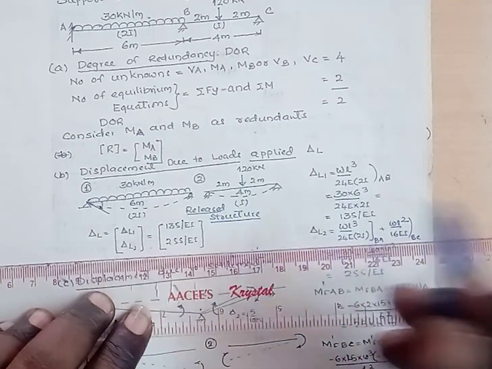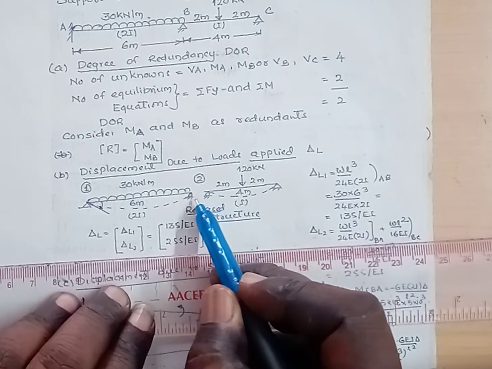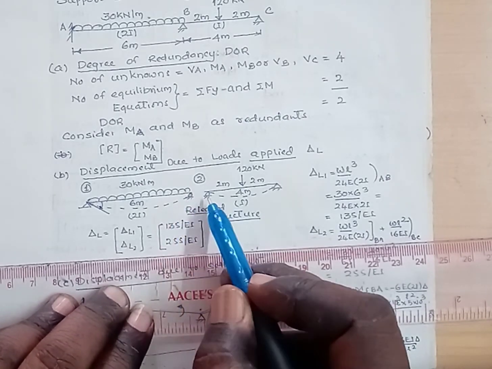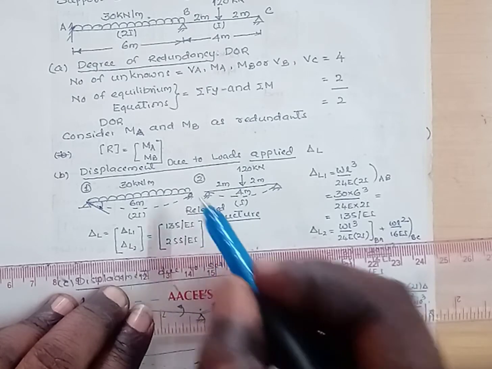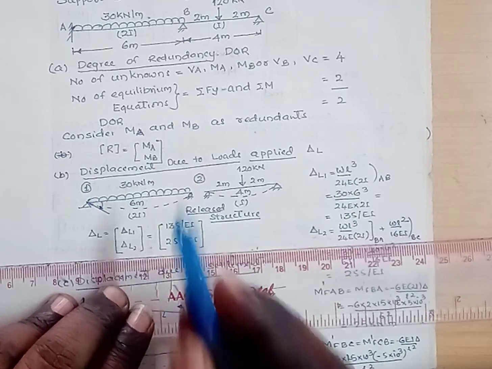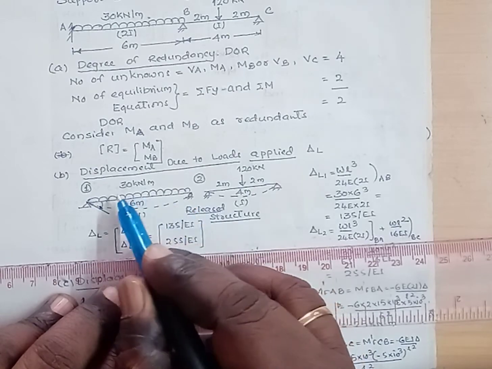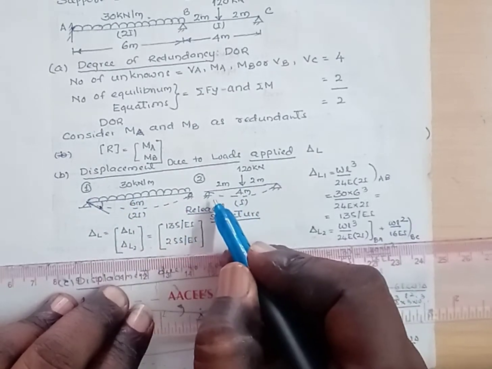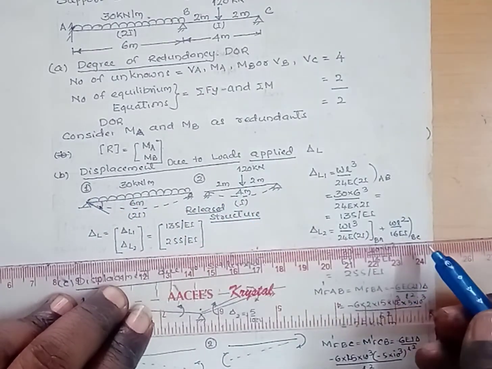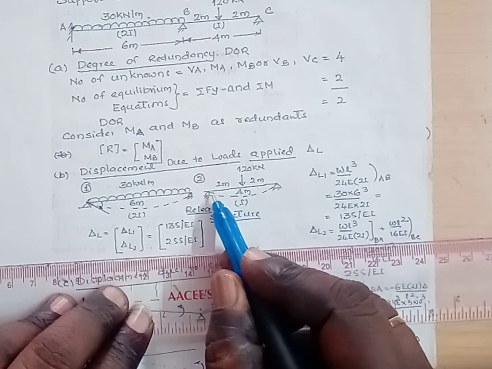Similarly, go to the next point, that is the displacement at B. Here, two spans are connected, so the displacement at coordinate 2 due to the load, delta L2, equals WL cube divided by 24 EI for span AB, and WL square divided by 16 EI for span BC.